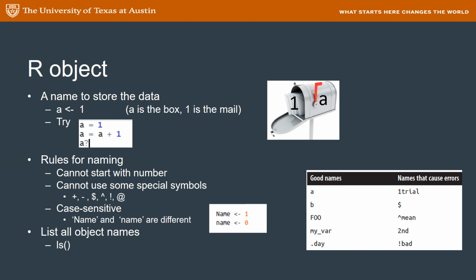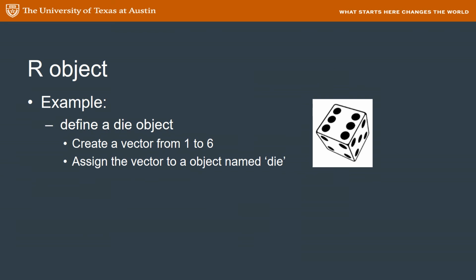And the table on the right hand side is a list of good names and bad names. So just keep in mind that you have some rules for the naming. This is pretty straightforward, and so I'm gonna try an example.